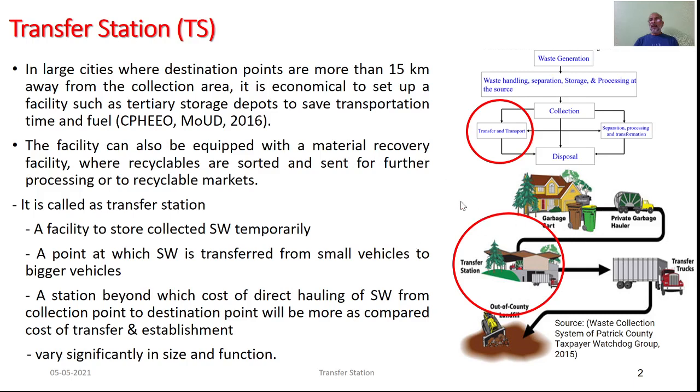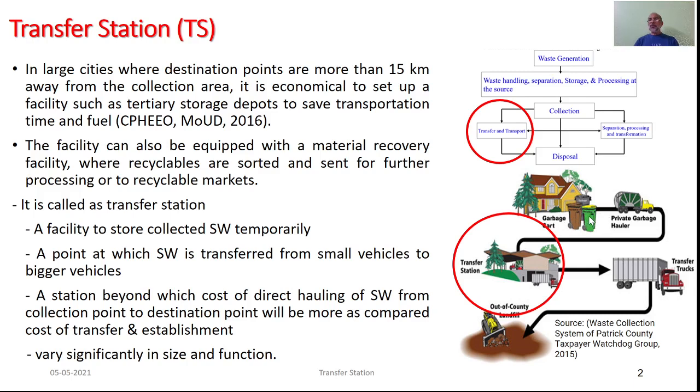Here you can see in this definition sketch that this is the place of the generator. This is the primary storage, from where that waste is transported to the community bin. So this is some secondary storage.